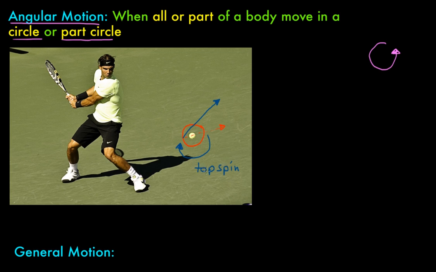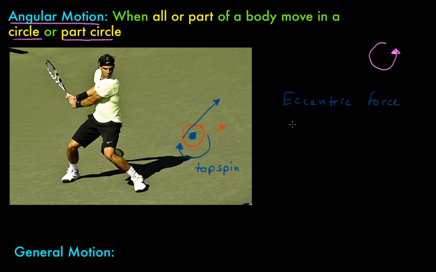So with topspin, the ball would rotate around its axis, and we would get all of that body moving in a circle. And of course, it would then propel off over the net, hopefully over there. So the next point is, we need to understand that the force that is applied outside of the center of mass is called an eccentric force.